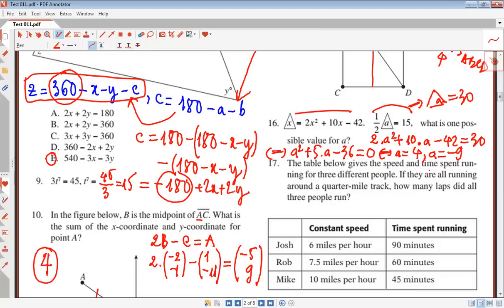I think that we need to complete the table to find the total number of miles.